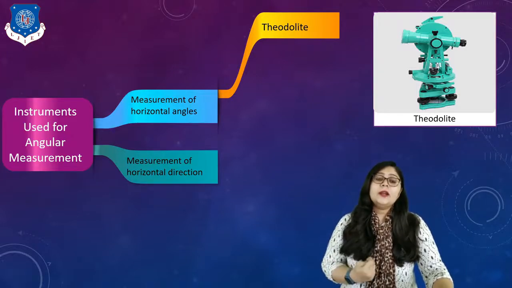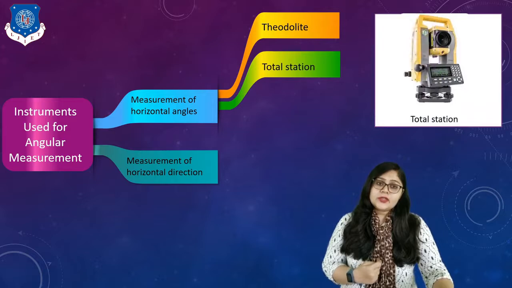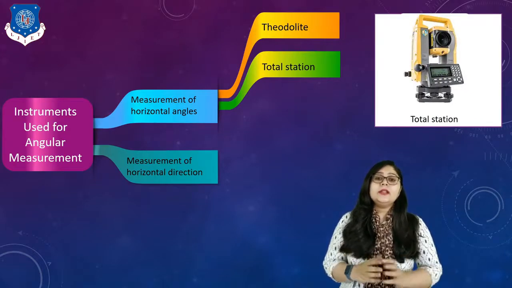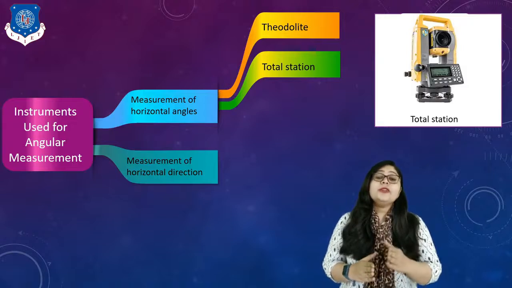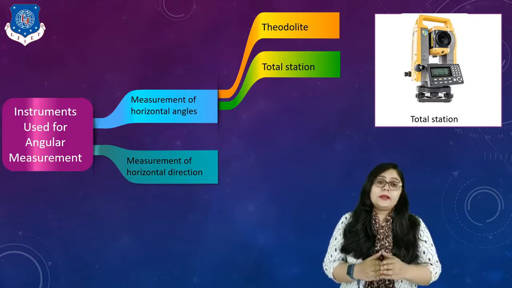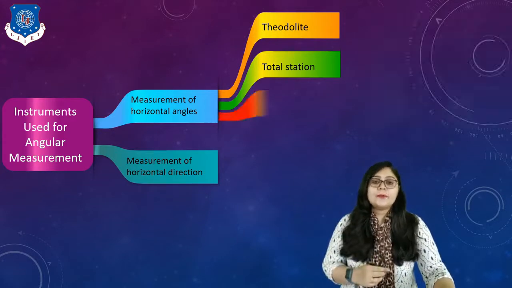This is the instrument used to measure the angle between two points, right? Second is the total station. Total station is an advancement of the theodolite. It is a type of EDM method, meaning electromagnetic distance measurement method, right? For more precision, we use this kind of instrument.